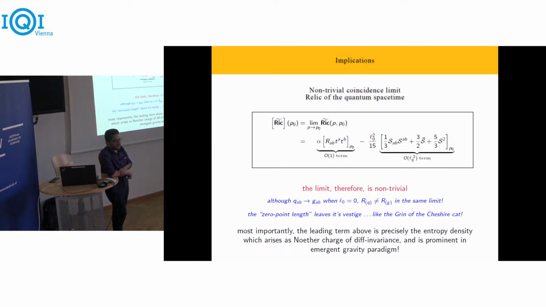So, it is almost like the existence of a non-trivial Ricci scalar for the quantum space time is an indication that there was a Planck scale or Planck length in your theory, which does not show up at the zeroth order here, but it modifies completely the form, for example, of the Einstein-Hilbert Lagrangian, because Ricci scalar is just the Einstein-Hilbert Lagrangian. And that connects very neatly with the emergent gravity paradigm, because this object is often taken as a starting point of a viewpoint in which gravity is treated as thermodynamic in its origin, something that I am not going to discuss in this talk.